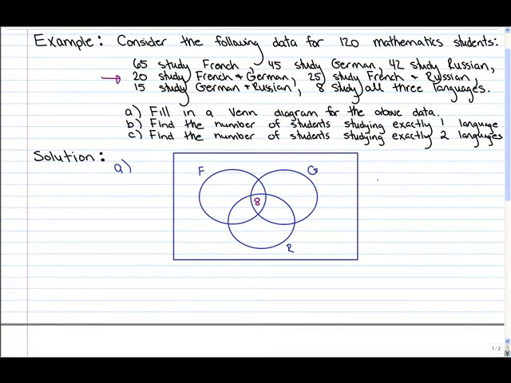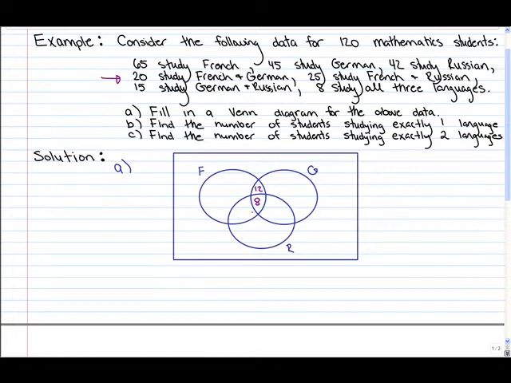So what you should actually do is take 20, subtract 8, which gives us 12. So 12 people should be right here. Now remember, this is true because in this red area right here, that should total up to 20. So 12 plus 8 gives me 20.